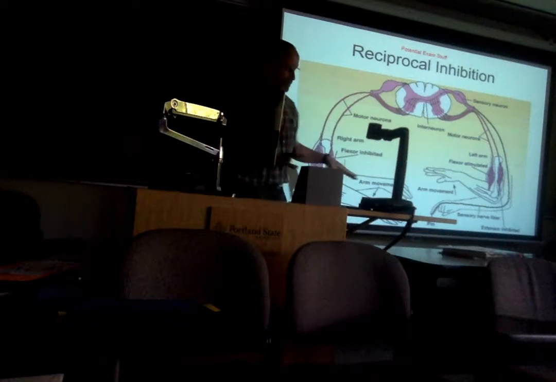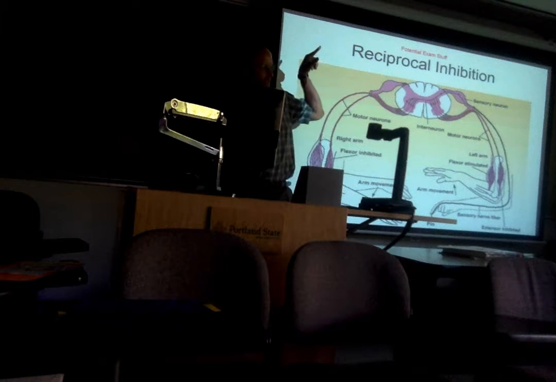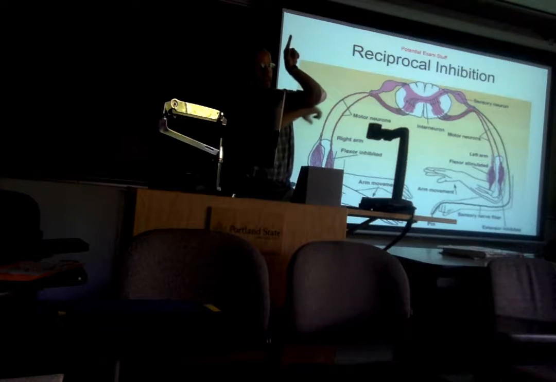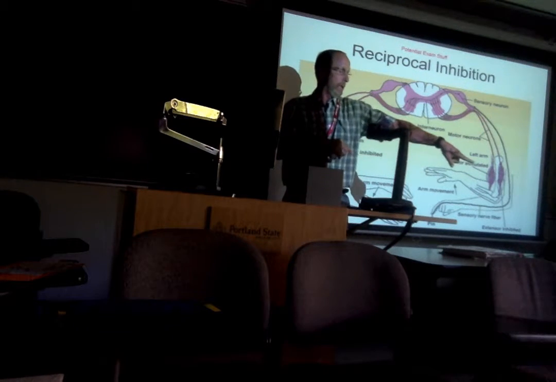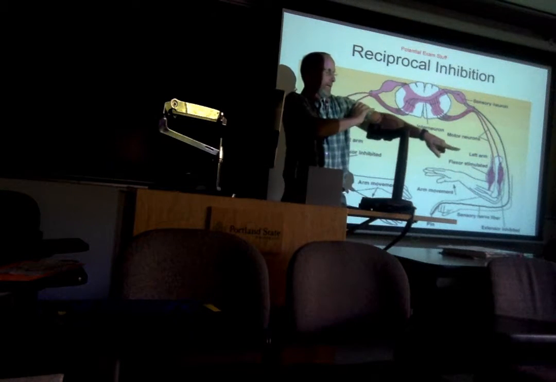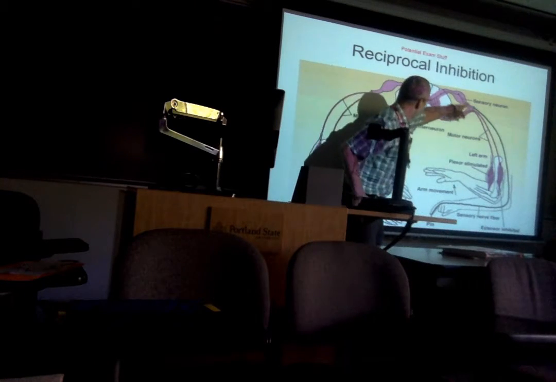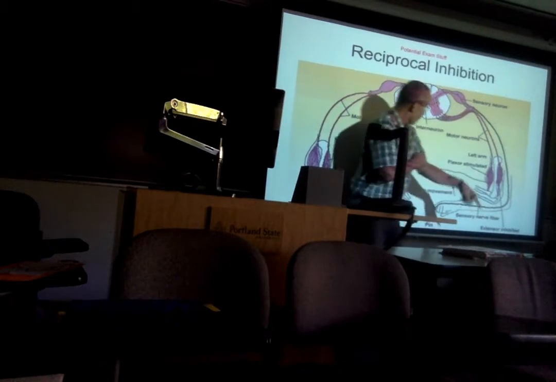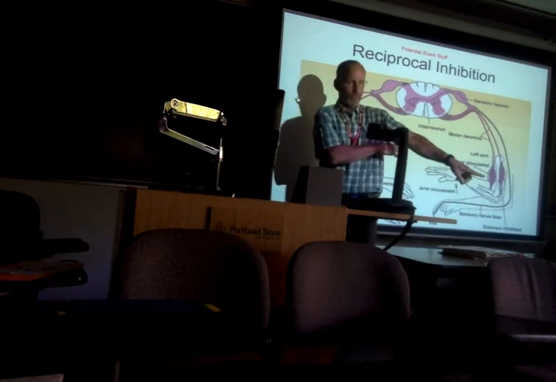On the other side, when you think about it, I touch the tack, my bicep is contracting, this is going to relax, right? If it didn't relax, if it was a flame and they both contracted, I won't move. So when information is coming to the bicep that says contract, there's also information coming to the tricep that says don't contract, right?